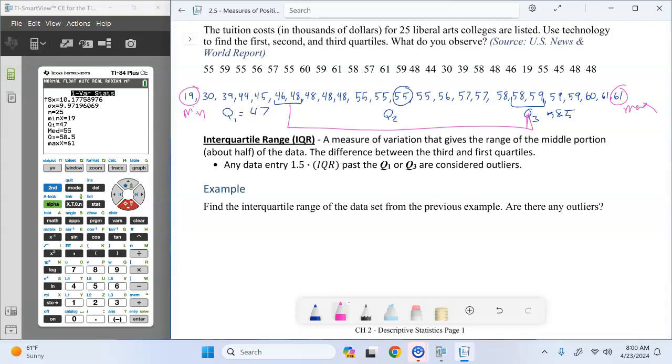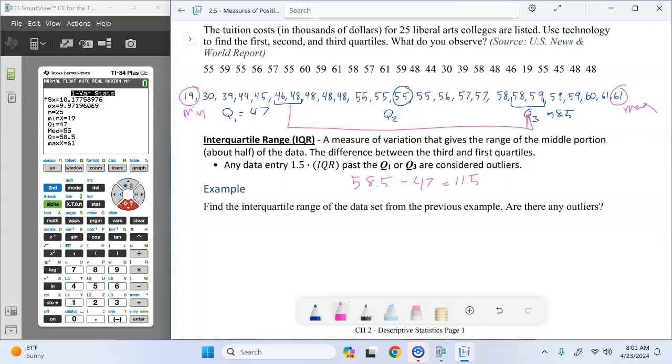Okay, so if I have a Q3 of 58.5 and I have a Q1 of 47, what is my interquartile range? 11.5. We want to find the difference between our Q3 and our Q1. Okay? That gives us our interquartile range.